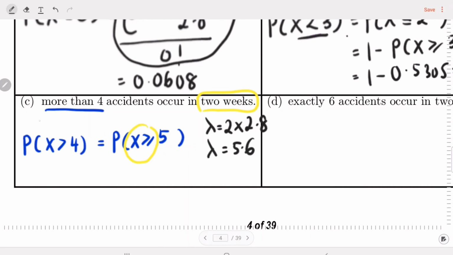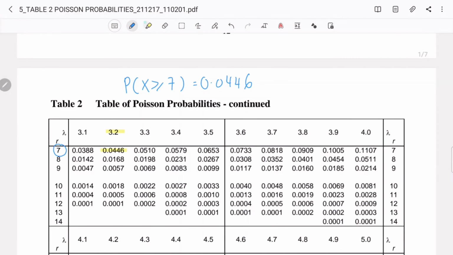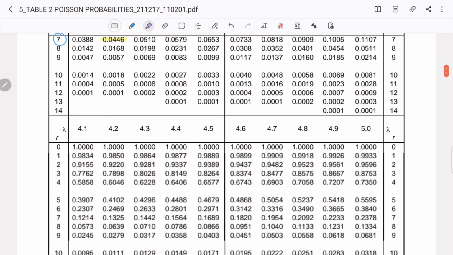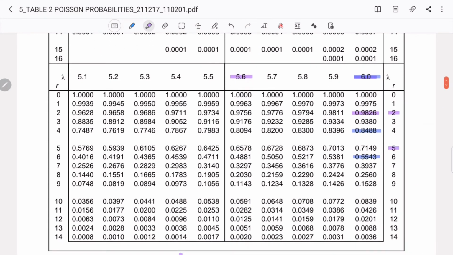So for C, we need to write it as x tilde Poisson, and lambda is 5.6. Look at the Poisson table. Find lambda equal to 5.6 here, and then r equal to 5, so here, 0.6578.